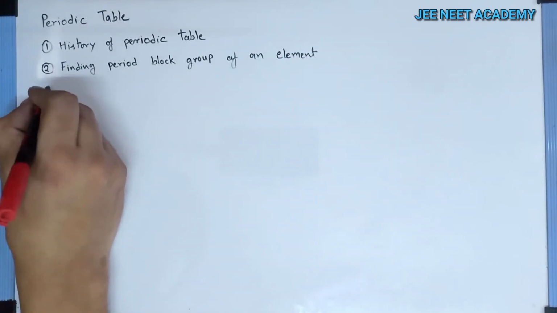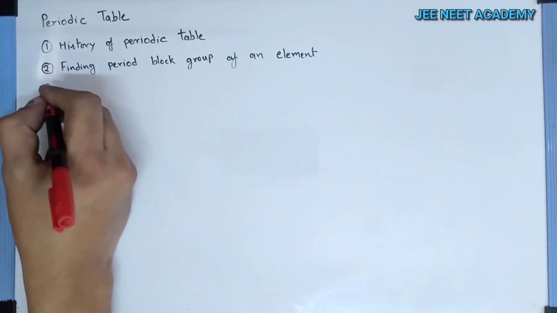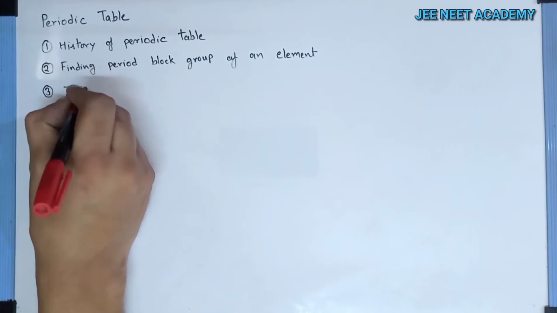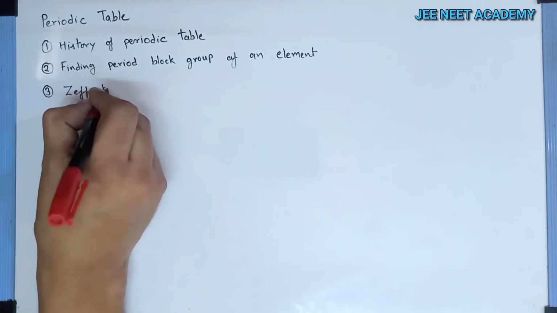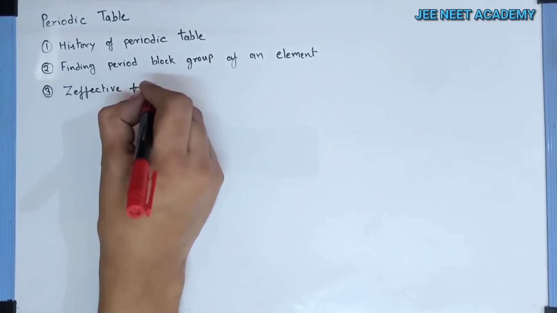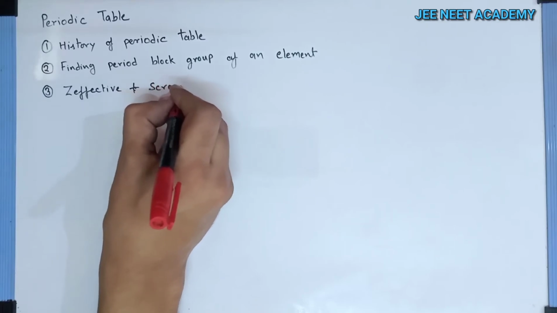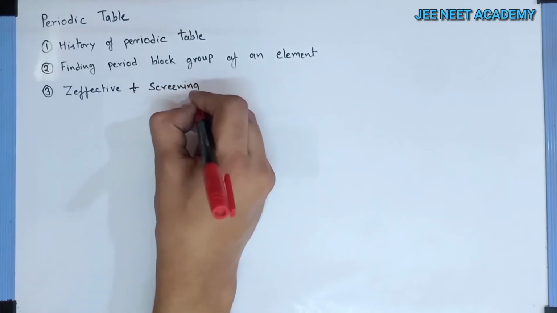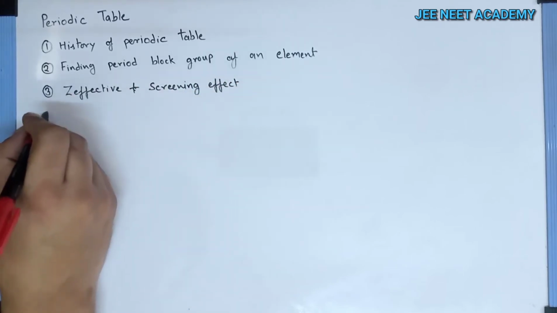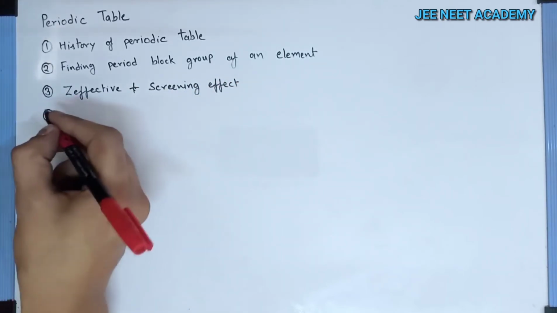Then third, Z effective and screening effect. Then fourth topic, atomic radius.